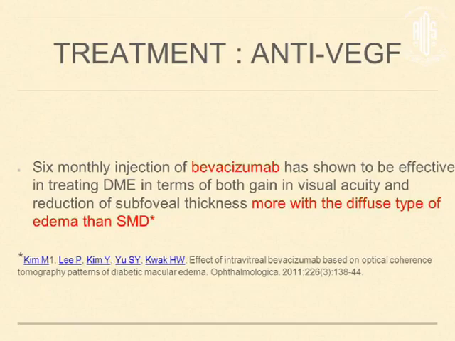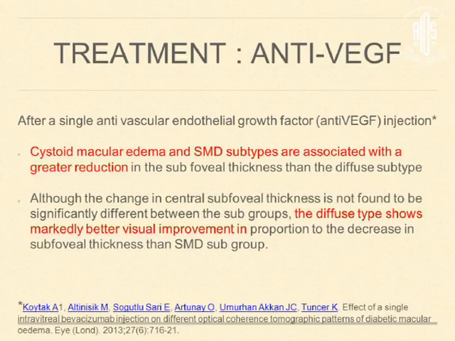As Sir has already mentioned, monthly bevacizumab injections have shown that more reduction happens in diffuse type of edema than serous macular detachment, and it has been shown in several studies that the diffuse type edema has better visual acuity improvement than the serous macular detachment group or even the cystoid macular edema group.